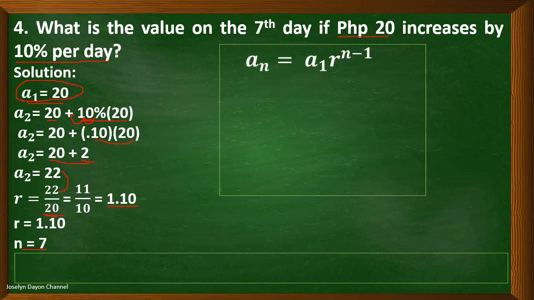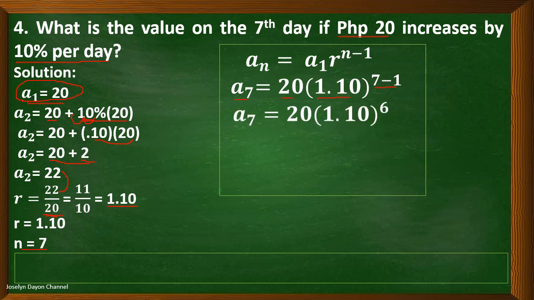So by formula, we have a sub n equals a sub 1 times r to the power of n minus 1. Then substitute, we have a sub 7 equals 20 times 1.10 to the power of 7 minus 1. So we have to simplify again the exponent part. So we have to bring down 20 and 1.10. So 7 minus 1 is 6. Next, simplify 1.10 to the power of 6. And that is equal to 1.7716.